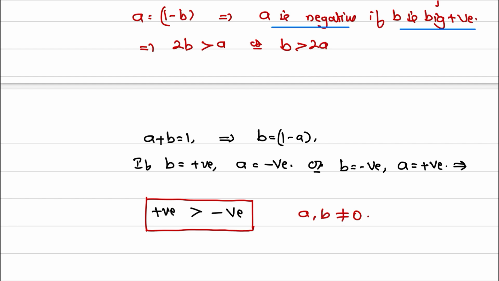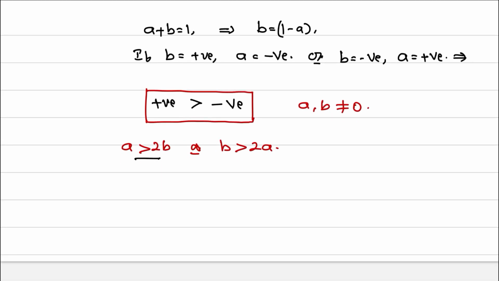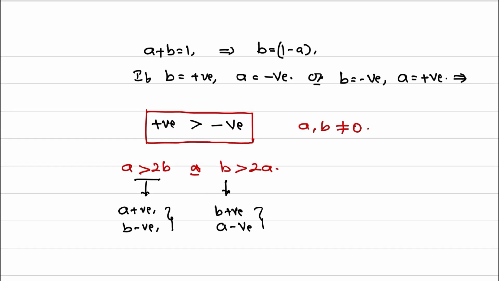Hence, in either case, a is greater than 2b or b is greater than 2a, depending upon whether a is positive and b is negative, or a is negative and b is positive. This is the simple logic we have to apply.